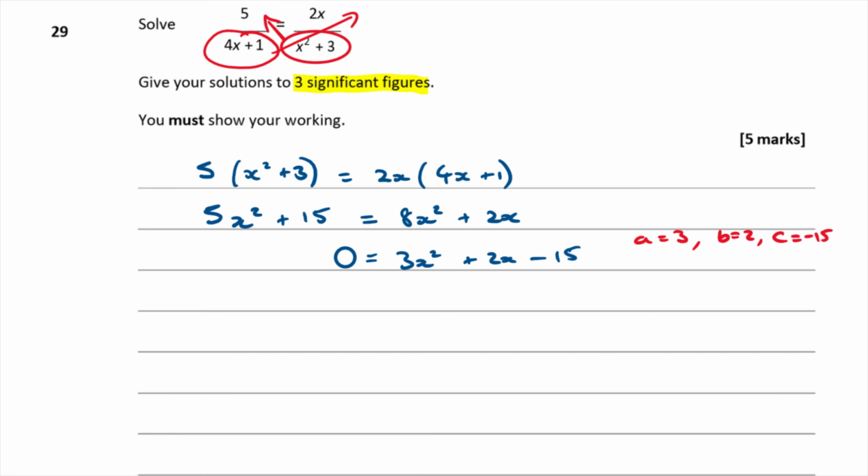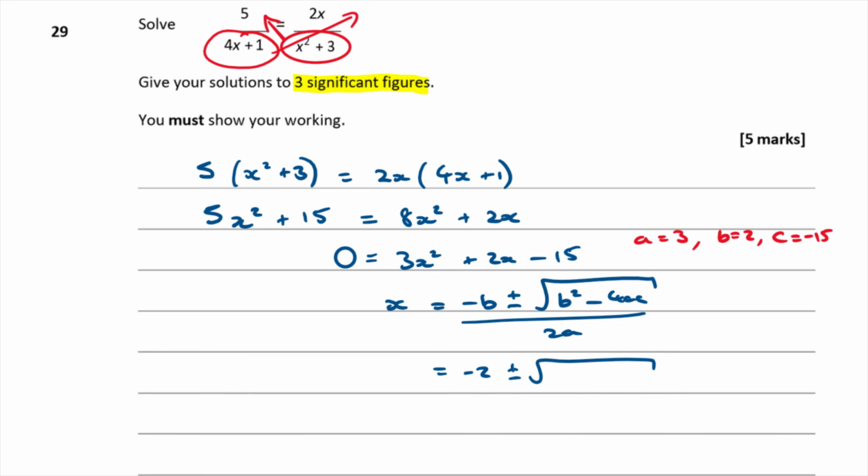Subbing that into the quadratic formula, x equals minus b plus or minus the root of b squared minus 4ac, all over 2a. Subbing in, minus 2 plus or minus the square root of 2 squared minus 4 lots of a, which is 3, times c, which is minus 15, all over 2 lots of 3.